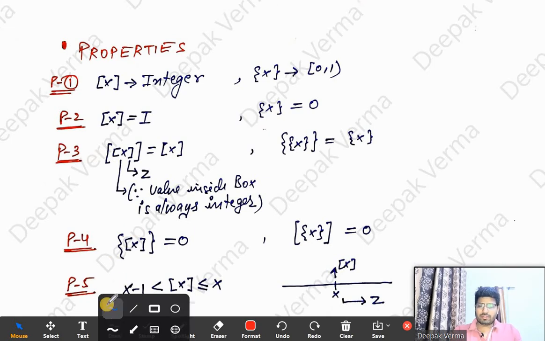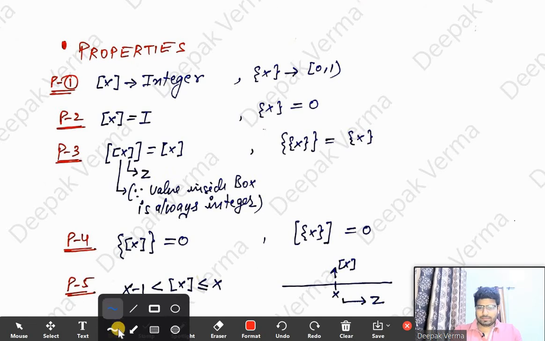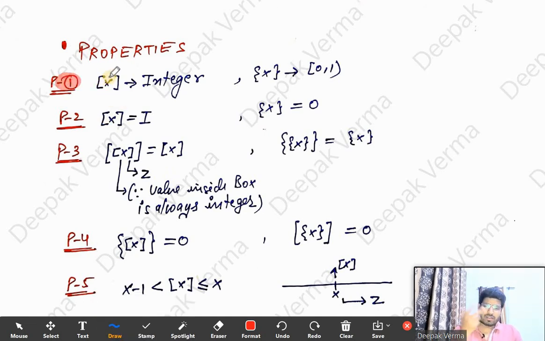So today we are going to start with properties of the greatest integer function and the fractional part function simultaneously. So let's start. First property, it's not a property in fact, since we already know box x is nothing but an integer. It's an integer, got it?